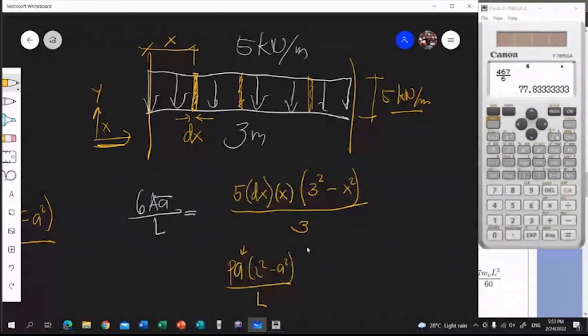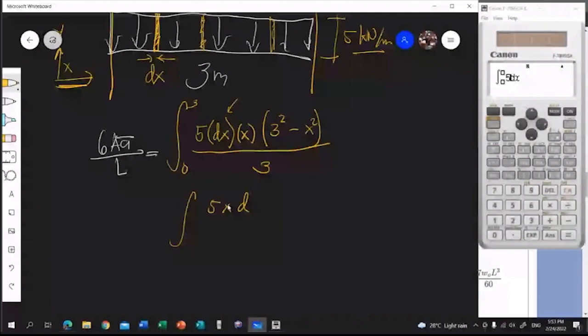That's how you solve it. Go ahead and try it. In the calculator, the integral of 5x times 3 squared minus x squared dx all over 3, from 0 to 3.